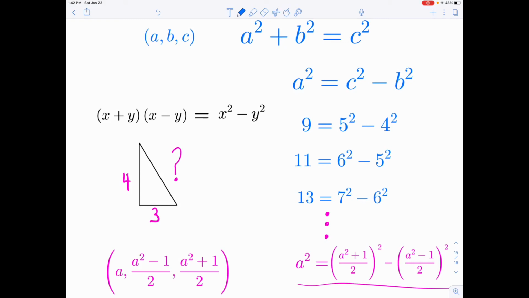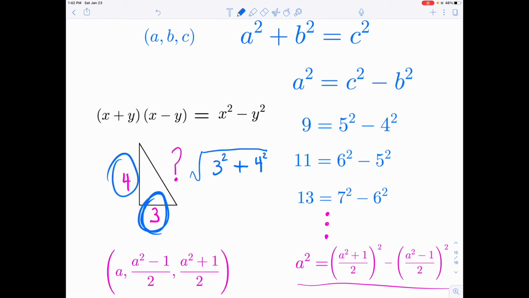Okay, so now this brings us to the joke that I saw on Twitter. It was describing the situation where one wants to find the hypotenuse of a right-angled triangle, and the video was suggesting that instead of finding the square root of the sum of the squares of the other sides, all we had to do was square this number and subtract that one.